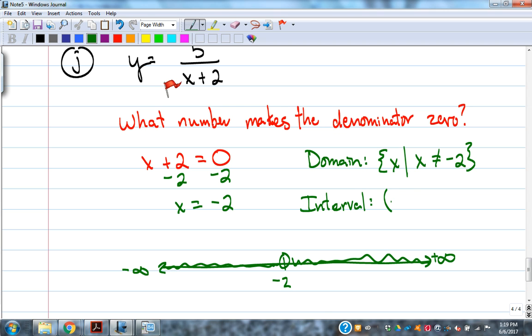So from negative infinity, we're skipping -2. We've got to get to -2, and then we're going to skip it. So I put a comma, -2, parenthesis, and then here's where I'm using some of my set notation stuff from this morning. Union, parentheses, -2 to positive infinity.